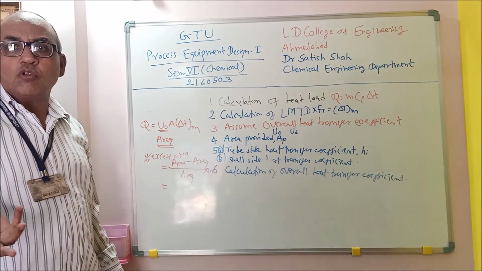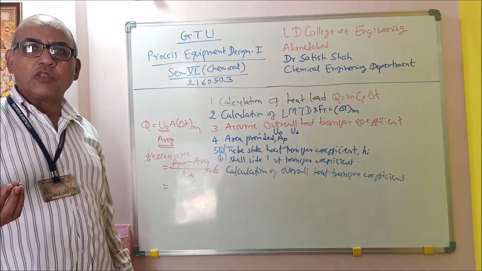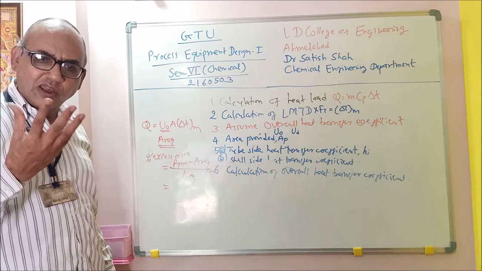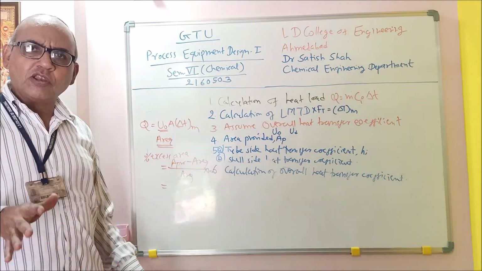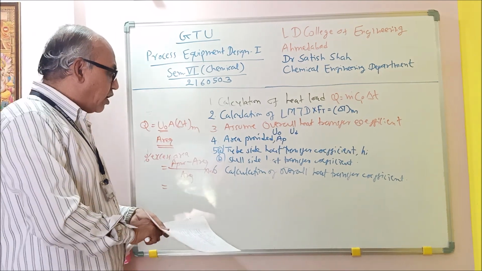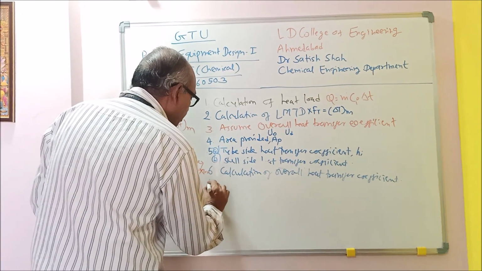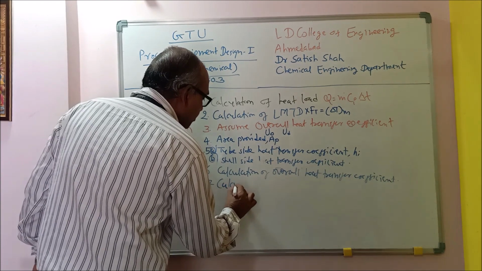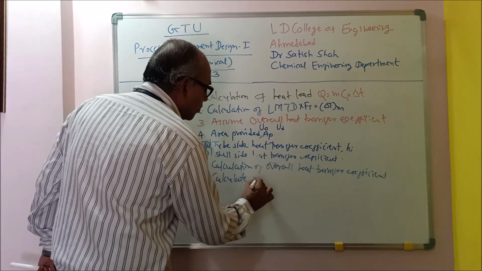If it is minus, it is not tolerable. But if it is 10 to 20%, that is the range given, but suppose you are getting 25%, no problem. Keep it as it is and continue further. So our next step is to calculate the pressure drop.